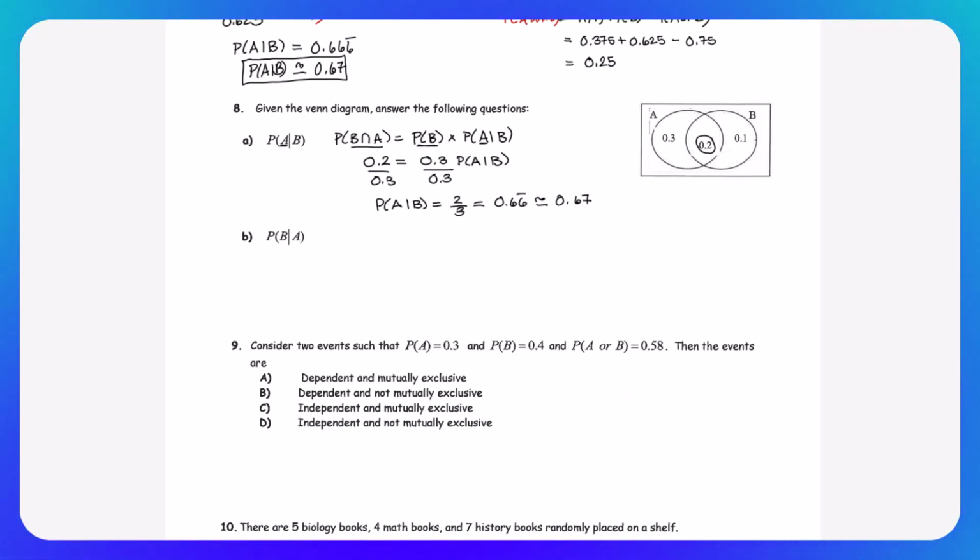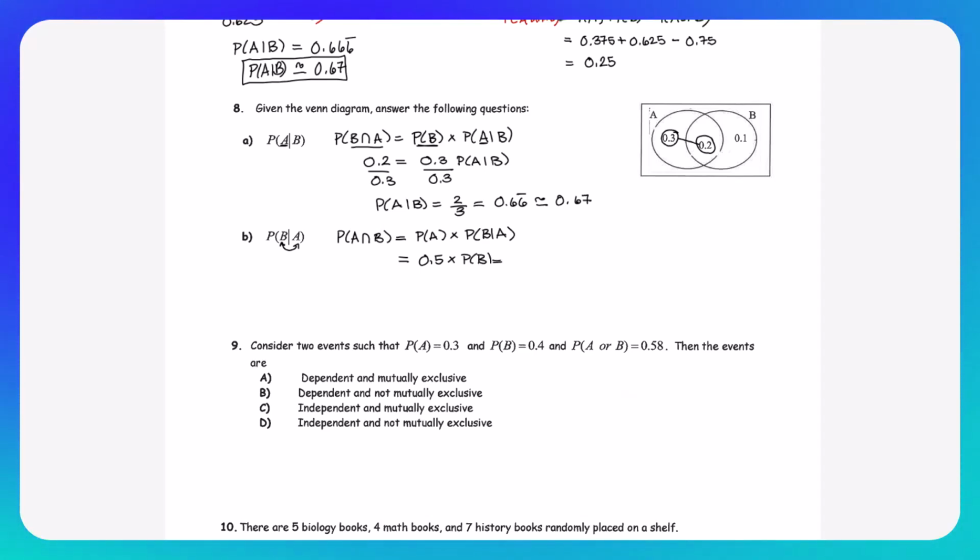Now let's look at the next one. The next one is B with A already happening. So in other words, this way, notice our A's are first, equals the probability of A times the probability that B has happened given A has already happened. Okay, so the probability of A is 0.3 plus 0.2, which is 0.5.